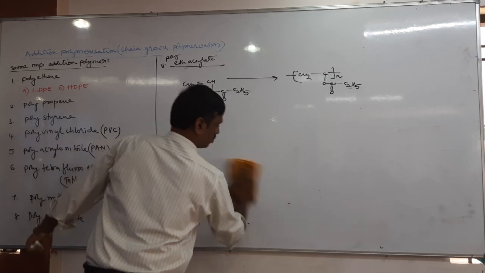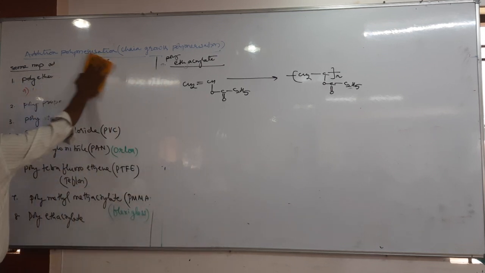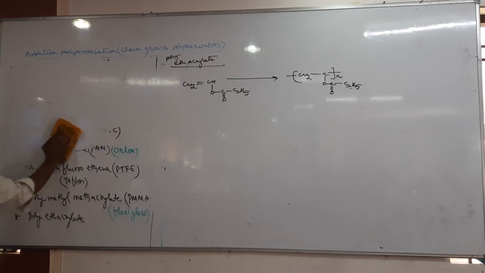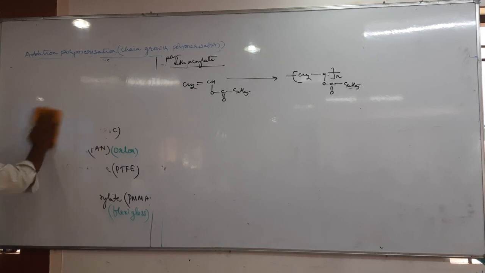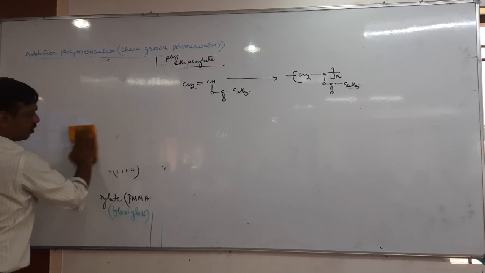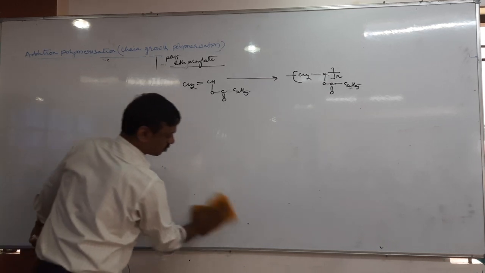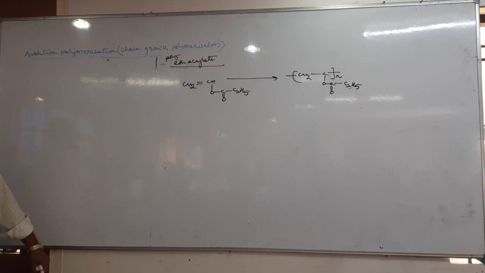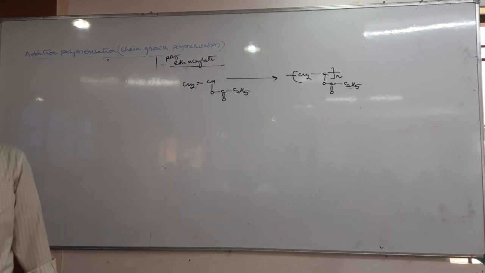So this is about some important addition polymers. In all addition polymers, what is important is the monomer, the polymer and their uses. Which of the following is Orlon? PAN, polyacrylonitrile, used as a substitute for wool.